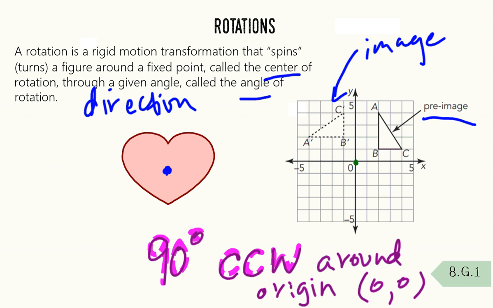If I drew a hook here from the origin over to point C, I see that my hook is 4 units and 1 unit. And if I draw a hook to C prime, I see that it is also 4 units and 1 unit. It's just that the hook has been rotated 90 degrees around the origin in a counterclockwise direction.